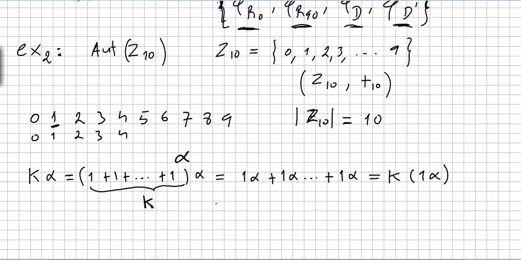So we need only to determine the choices for 1 alpha to make alpha an automorphism of Z10. I don't know if I'm being very clear here, but here I have a problem. Do not forget this, one of the properties of the isomorphisms was that the order of alpha has to be equal to the order of phi of alpha.